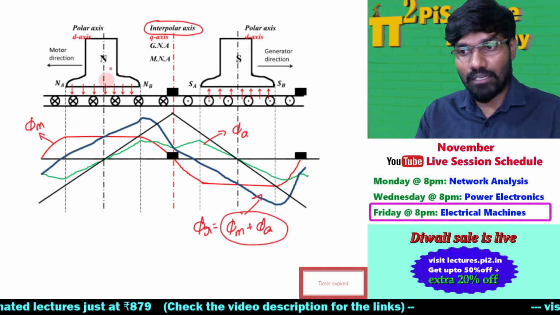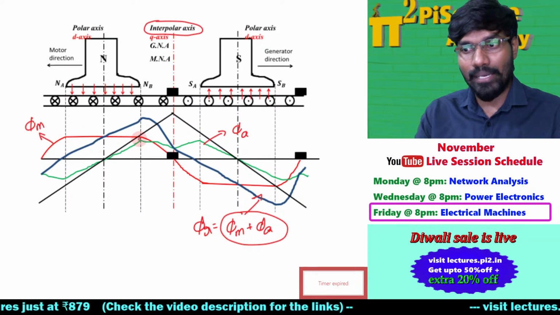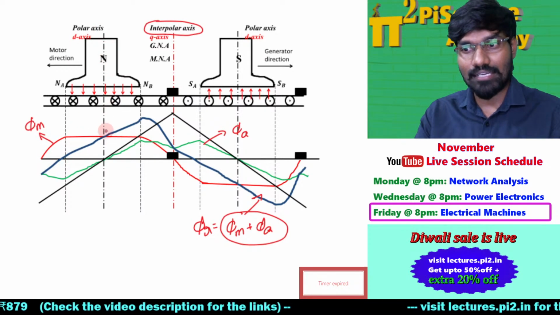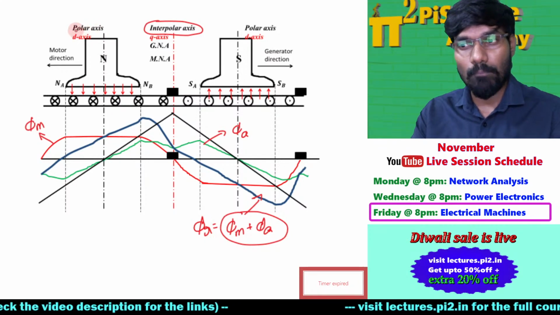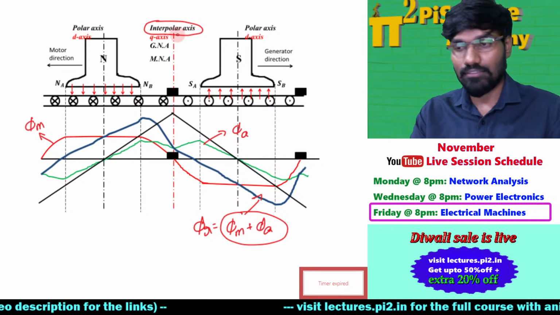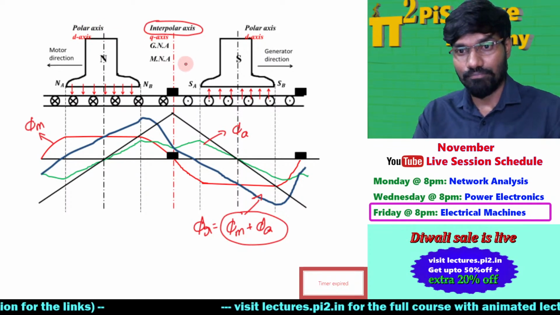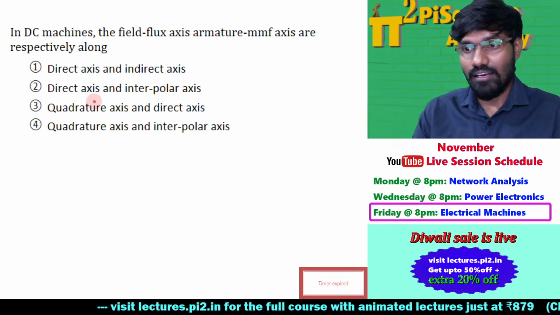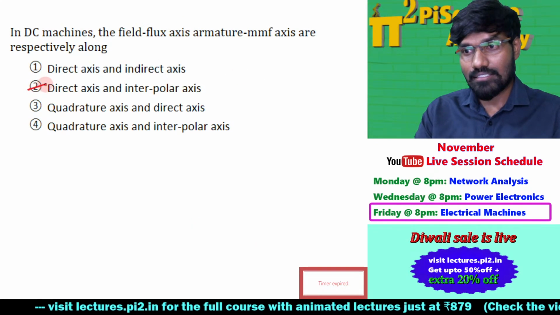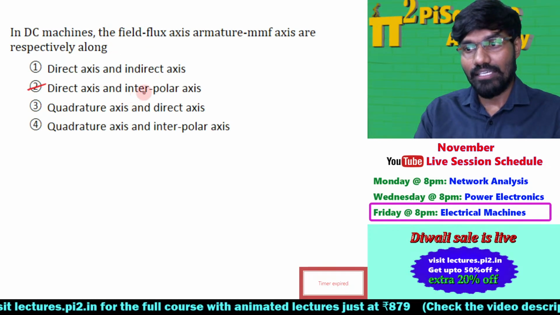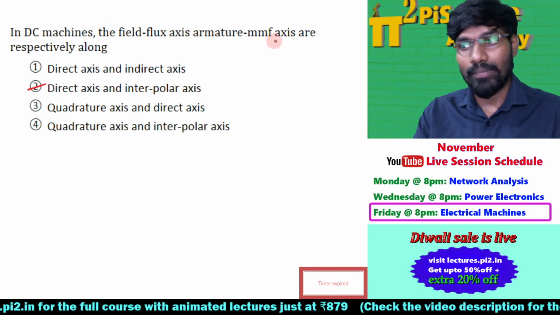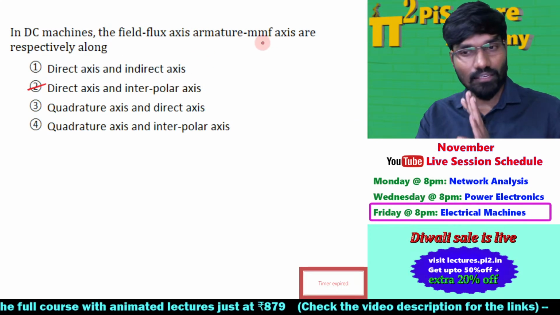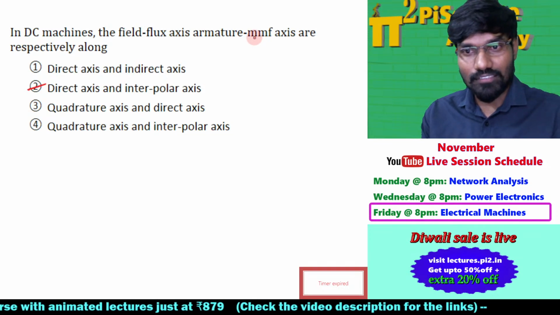For the main flux, phi m, the main field flux, this axis is the polar axis, or you can call it the D axis, and this is called the Q axis. So the answer is D axis for the field flux, interpolar axis for the armature MMF. Clear with this? That's it.